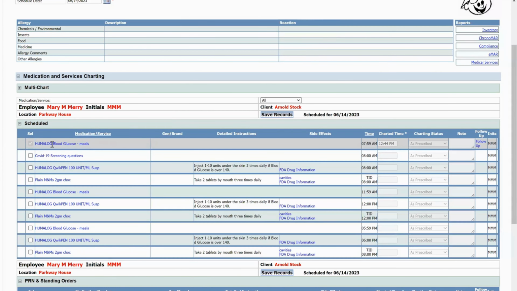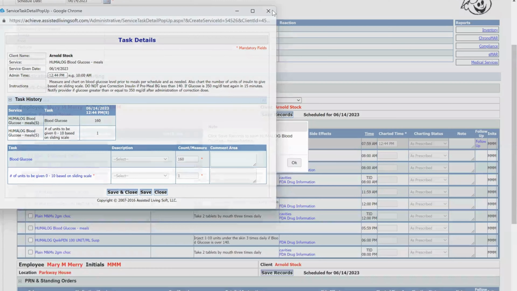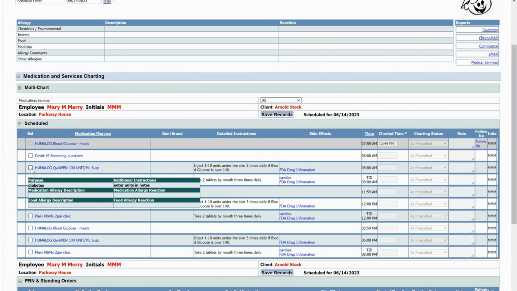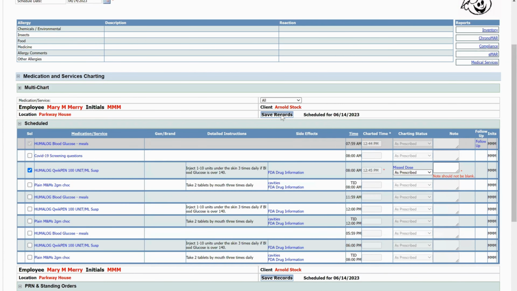they will have that charting saved correctly. So if I look at this charting again, I can see that it was 160 and they're planning to give 1 dose, 1 unit of insulin. Then when they chart on the insulin itself, if they tried to save that insulin record, it's not going to save, because a note should not be blank. They're going to say 1 unit.